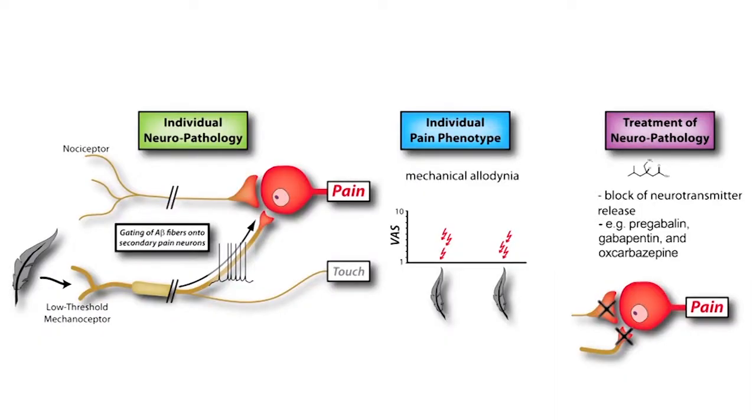So again, if we come back to our way of analyzing how individual neuropathology can produce a particular pain feature and how this can help inform us about treatment, here we're dealing with central sensitization, which results in an increased flow of information from normally innocuous channels to the pain transmission pathways because of a heightened synaptic transmission and increase in central excitability.